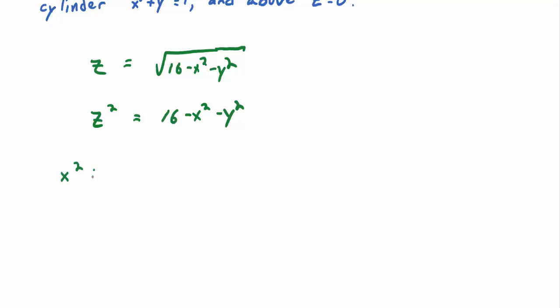Bring the x squared and y squared to the other side by adding, and you get x squared plus y squared plus z squared equals 16. What is that object? It is an ellipsoid, but even more specific, it's a sphere. And so we could actually leave it in the standard form of a sphere. Realize what's the radius?